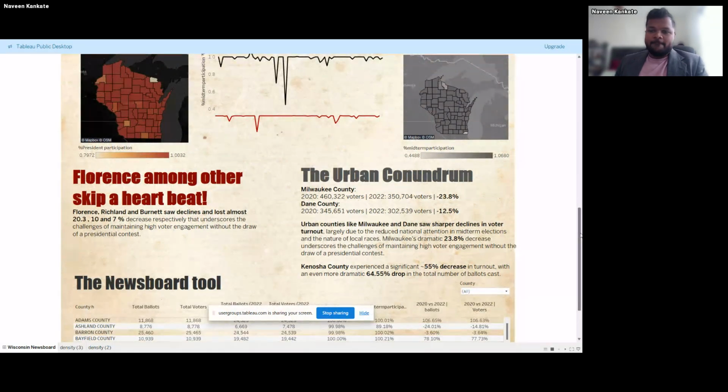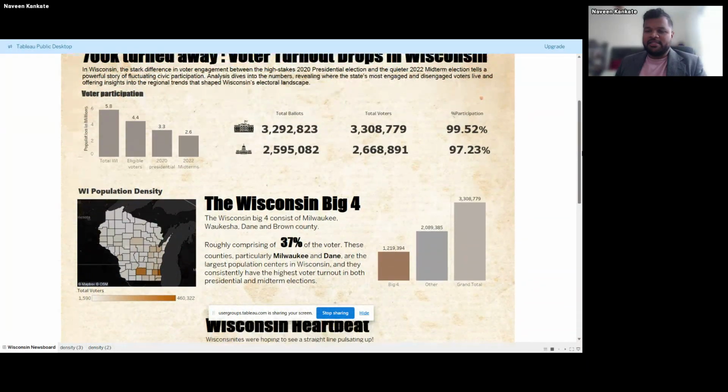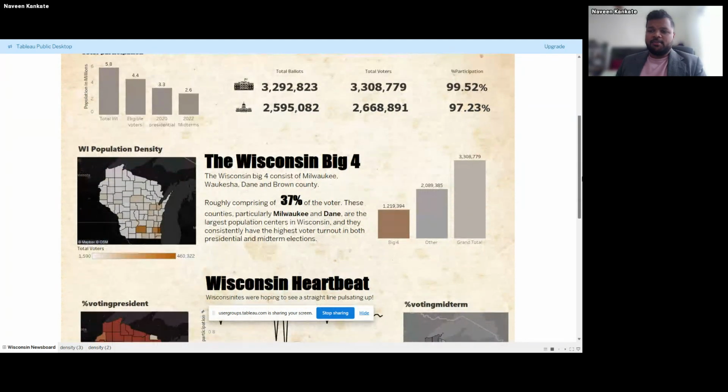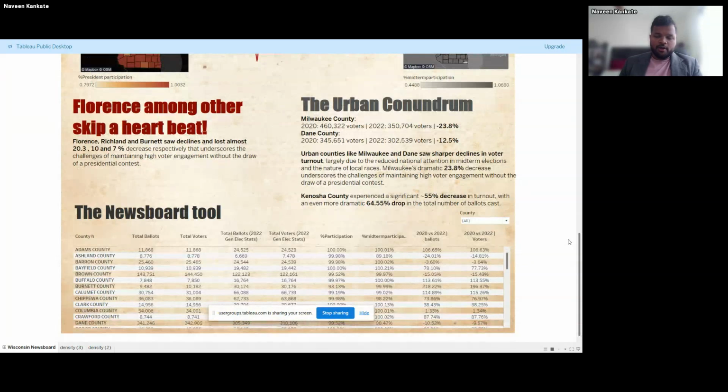All of these headlines in our news board came from an analysis of the individual counties, the municipalities, and the wards. So finally, in the news board, we'd like to leave you with a tool where you can find out what's exactly happening in your particular county, your particular municipality, and your particular ward.